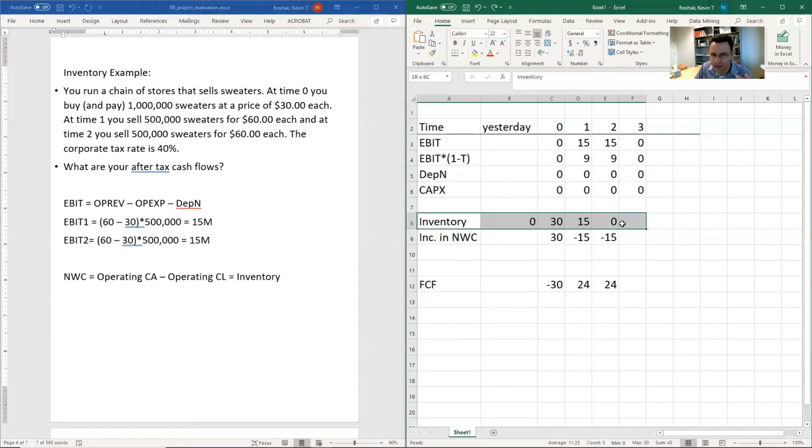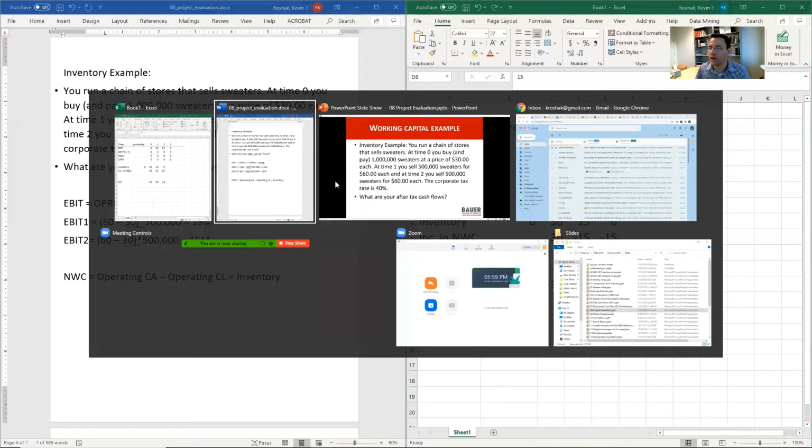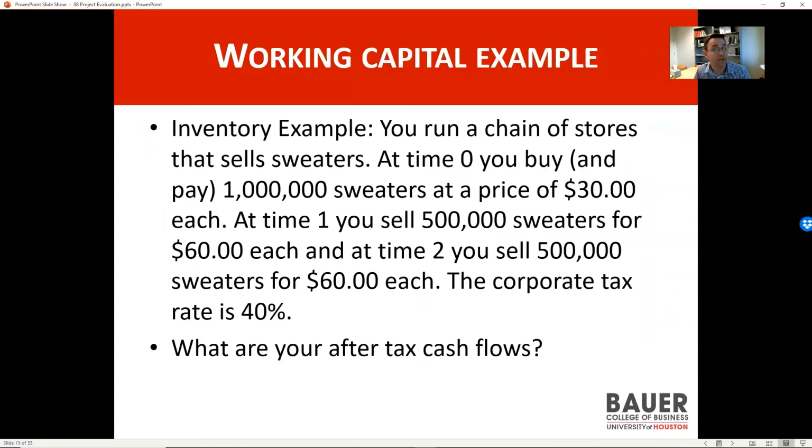This is kind of like the book value that we had to track before. Now we have to keep track of the balance so that we can calculate the change in the balance. So the accounting numbers here do matter for the cash flows. All right, so that's the inventory example.